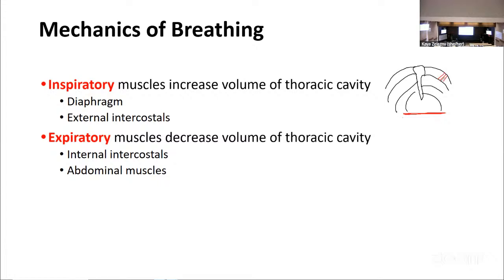Those are the ones that are external, so the ones most on the outside, but you can particularly recognize them because of that fiber direction, this kind of hands-in-your-pocket fiber direction on those external intercostals, which means that when you contract them, they pull your ribs up and out, right? So they're pulling the ribs forward and out to the side because of that fiber direction. So that's part of why we mention the fiber direction when we look at these in lab. Okay. So these are going to contract in order to make your chest cavity bigger, to make the thorax bigger.